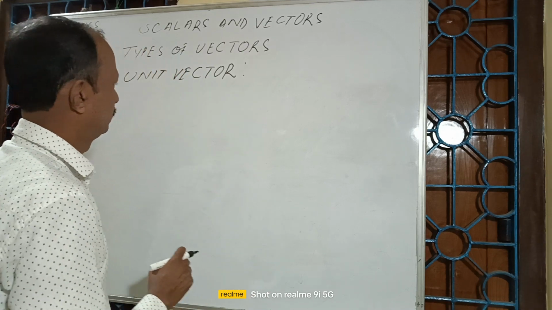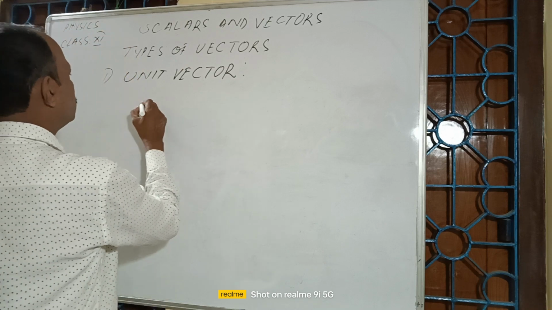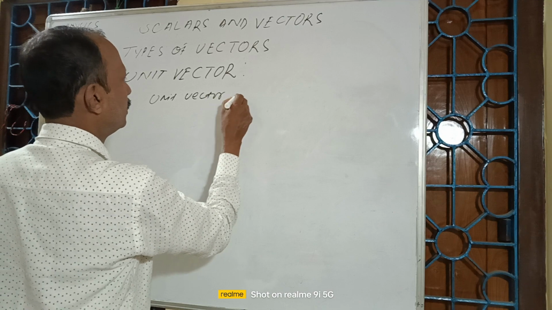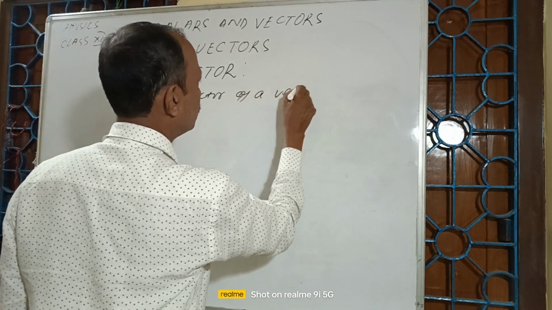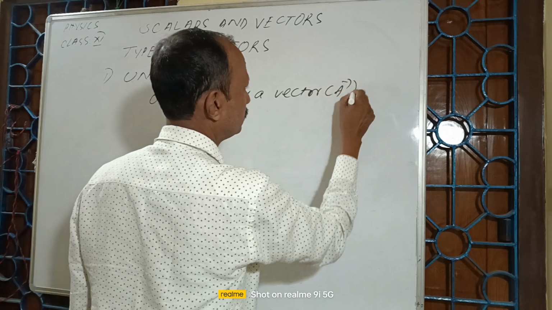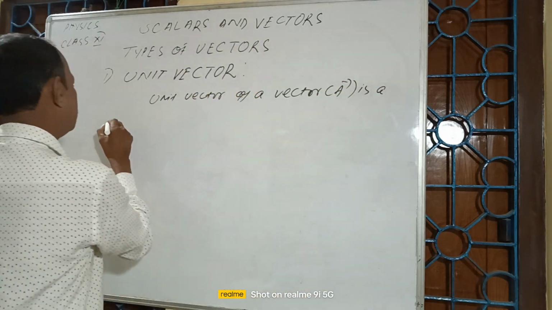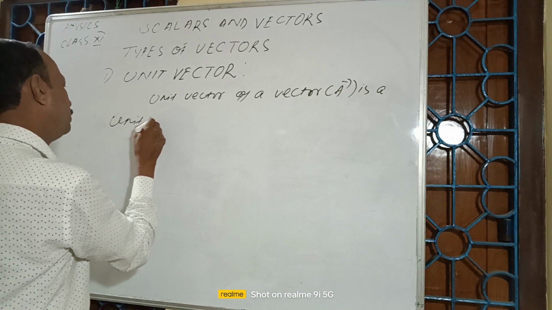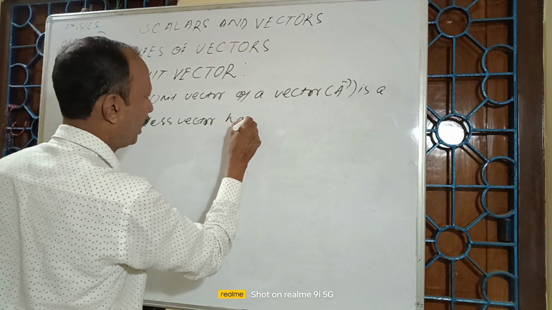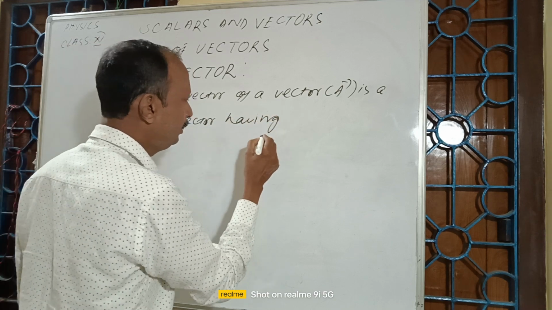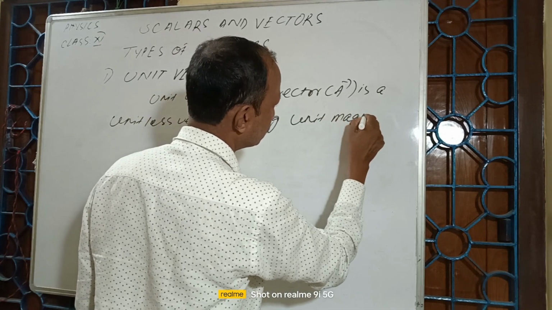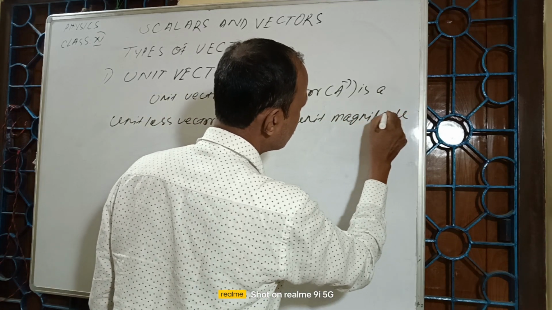I can say that the unit vector of a vector is a unitless vector having unit magnitude. Magnitude is unit.